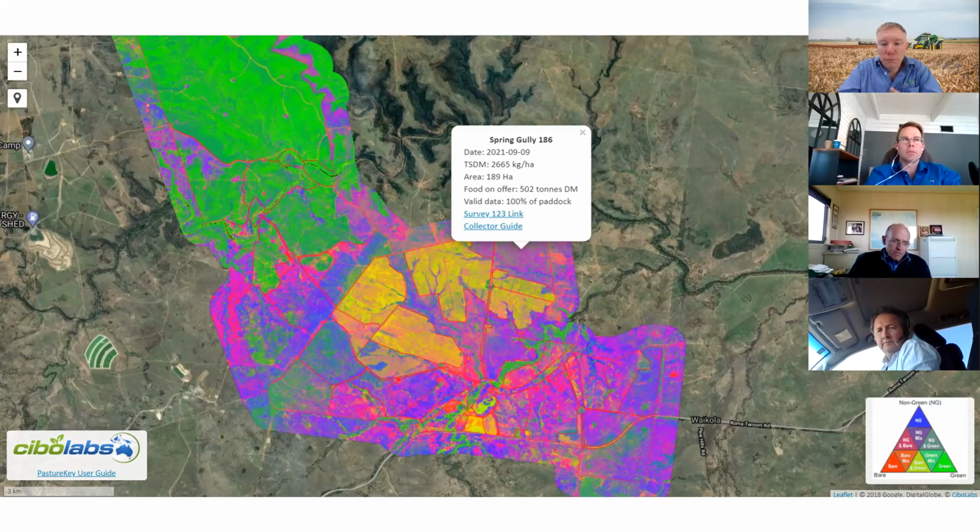Livestock have got a really good natural method of working out where the good grass, the good country, the good soil or whatever is. And I think the data that we're going to be able to start getting out of that will certainly interplay with some of our cropping side of things.